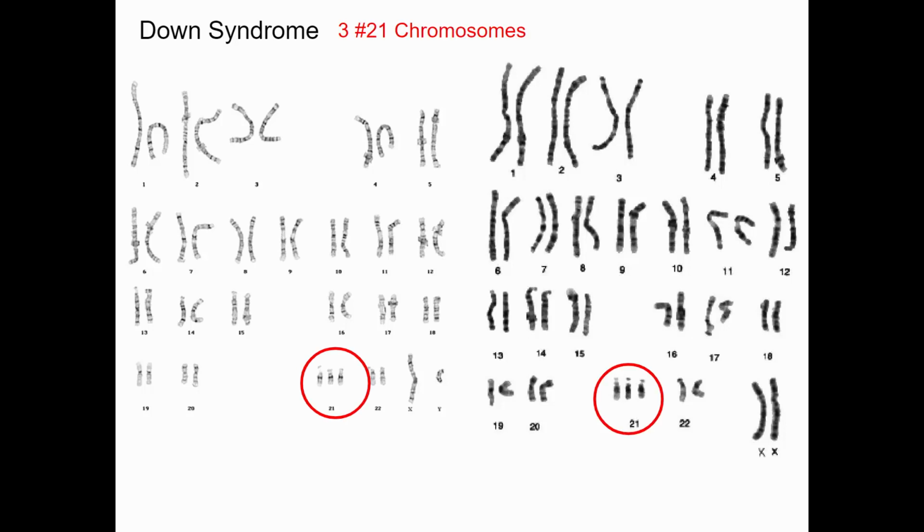Yes? Would it be possible to have an extra chromosome in the 14th? Good question, Danielle. Having an extra chromosome presents a lot of difficulties for the embryo. With Down syndrome, people are born with an extra 21st chromosome and live out their entire lives with that. But once you go to other chromosomes, there's not very many that result in an actual birth. 13 is the one I'm familiar with, trisomy 13.